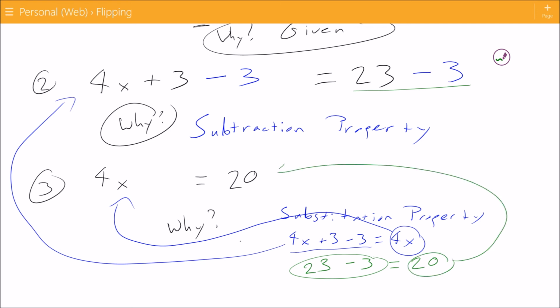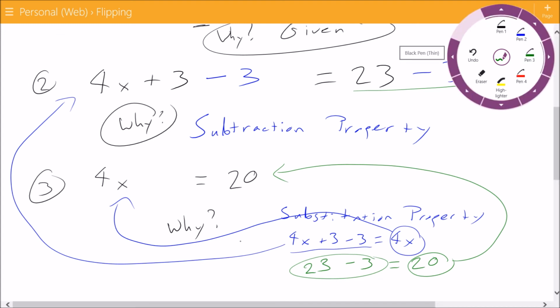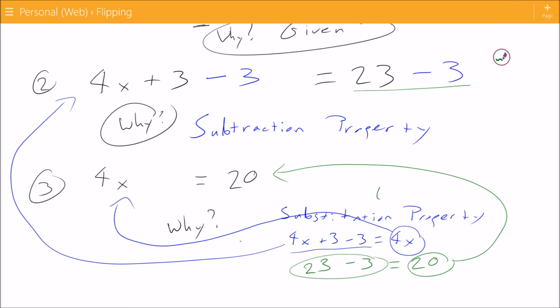So I'm substituting on both sides in order to really simplify it. When we're saying simplify, what we're really saying is substitute something that is simpler to see for something of the same value. That's really what simplify means. So when you see substitution property, you should start thinking about simplify. These two things go hand in hand.